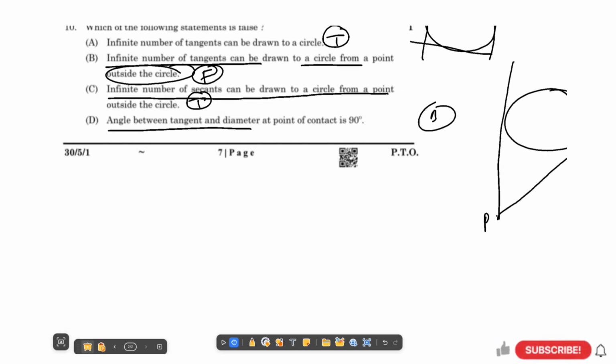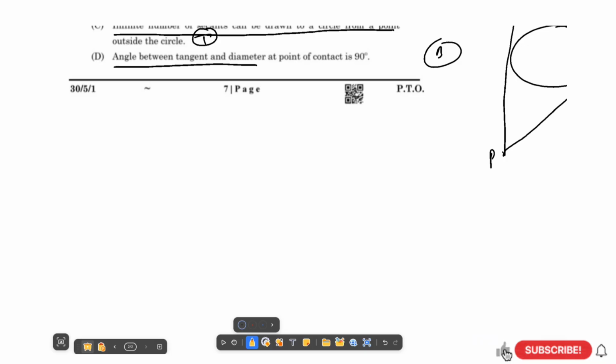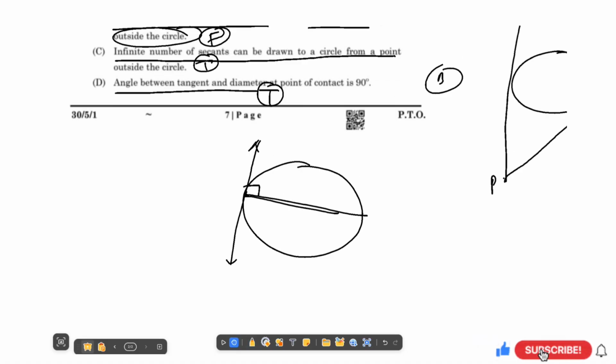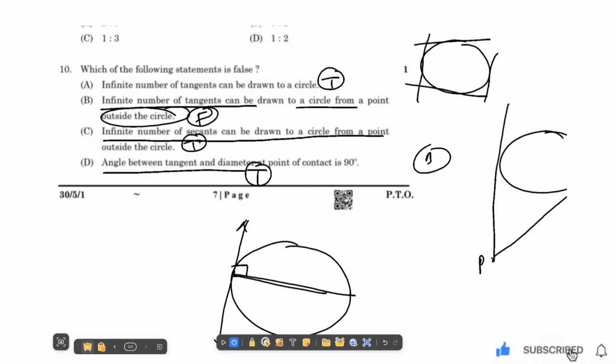So we know that. This is the diameter and this is the tangent at this point. We know that the angle between the tangent and the radius is always 90 degrees. So here it is 90 degrees, therefore the angle between the tangent and diameter is also 90 degrees. So this is also true. So only option B is false. For this question, which option is false, it is option B.